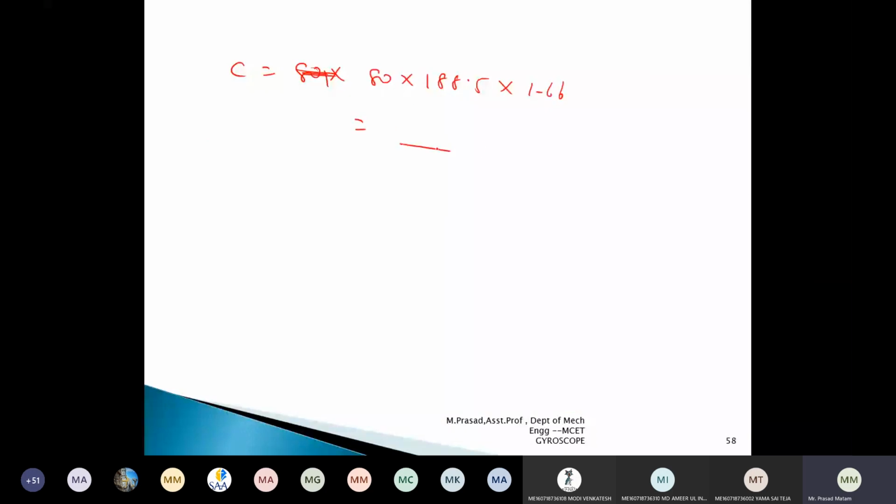So give me the total answer. 25032.8 Newton meter, or you can write it as 25.03 kilonewton meter. This is the couple you are getting.